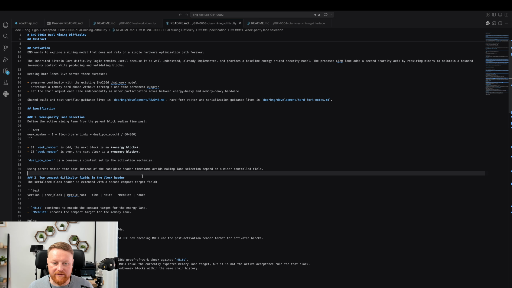We have the energy difficulty, which is the usual classical Bitcoin Core difficulty, and it remains as it is. And then there is a second dimension, which would automatically allow the network to self-regulate.